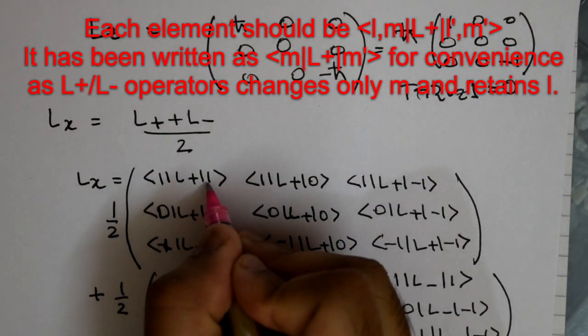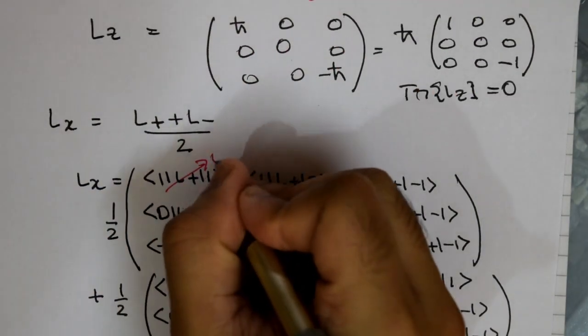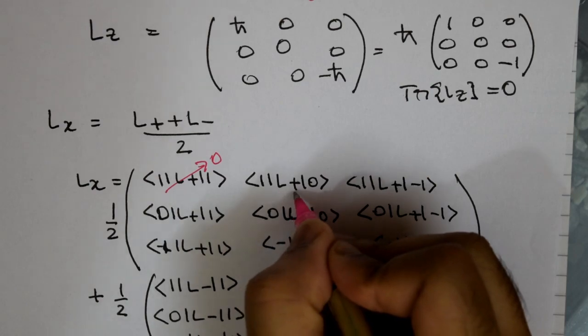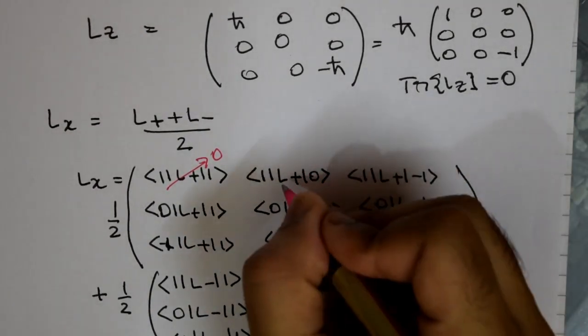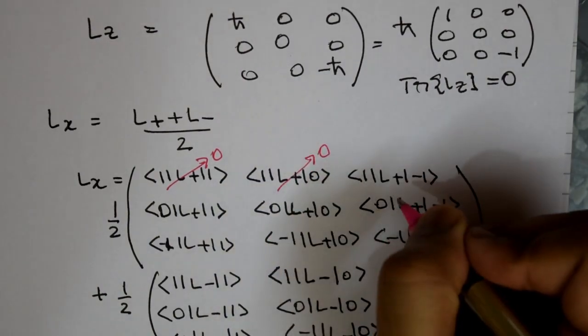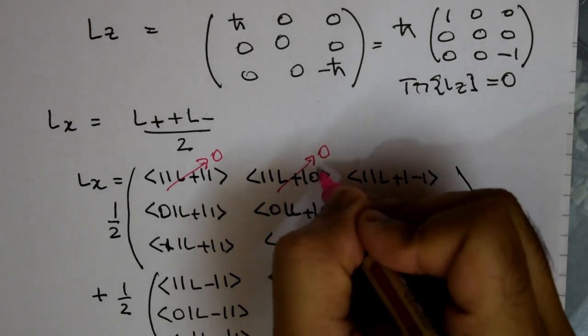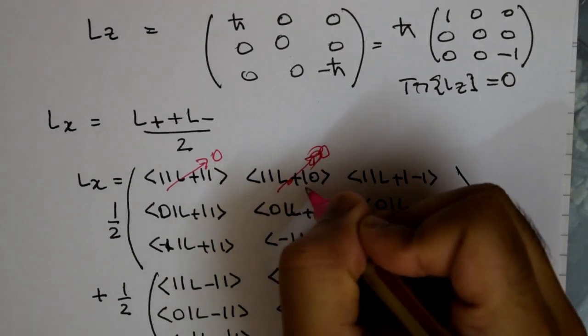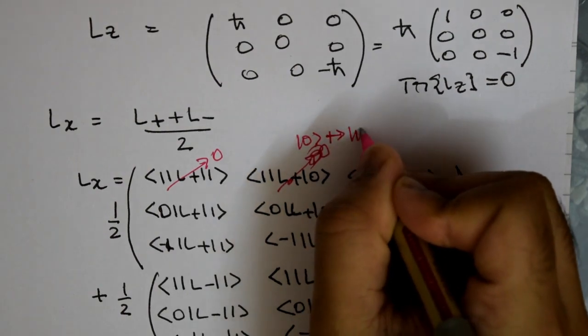minus operates on 1, it's going to take it to 0, 1, 0 is going to be orthonormal, and when you have 1 L plus 0, 0 is going to go to minus 1, so therefore 1 minus 1 goes to 0. Oh sorry, we are talking about L plus, so therefore this element will take 0 to plus 1, so this element will exist.